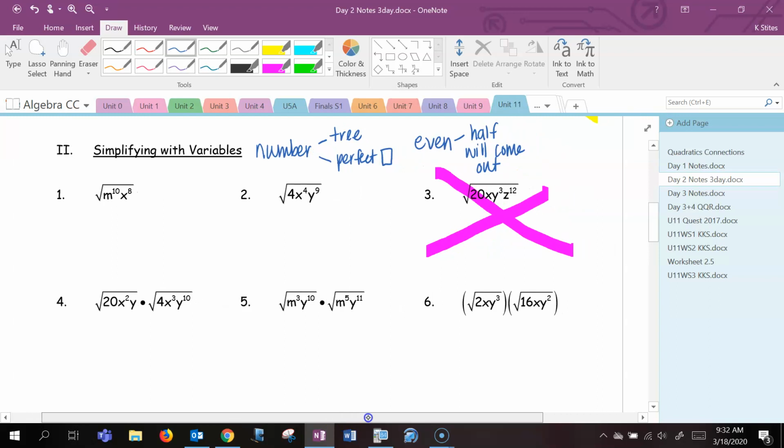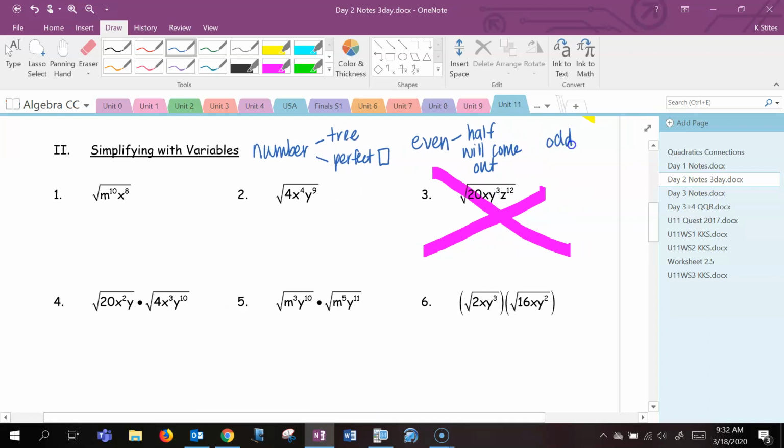And if you have an odd exponent, basically an odd is one more than an even, right? So you'll have one left inside. That's the one that doesn't have a buddy, and then half will come out.